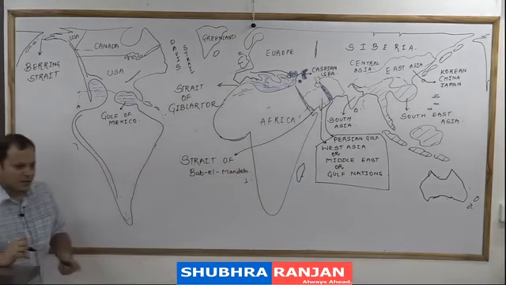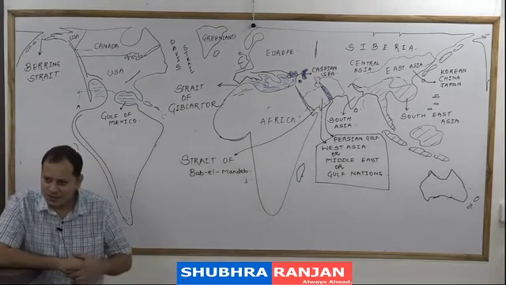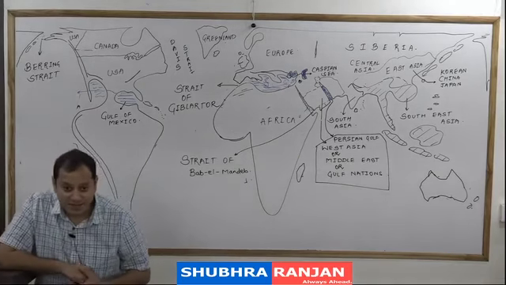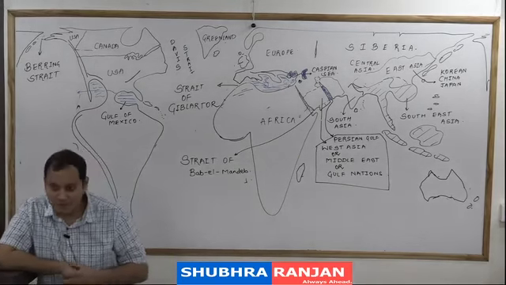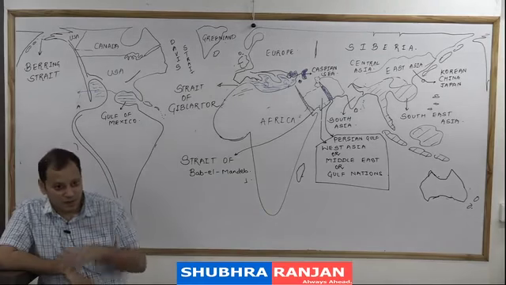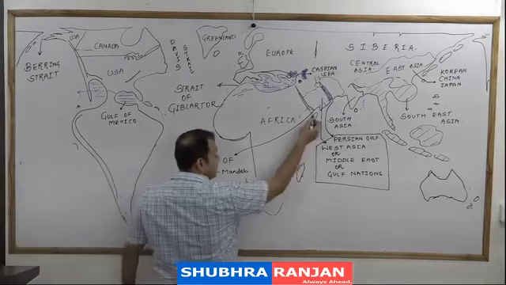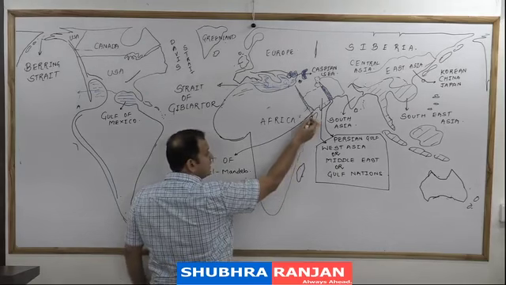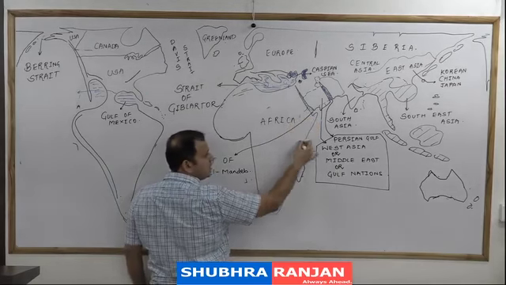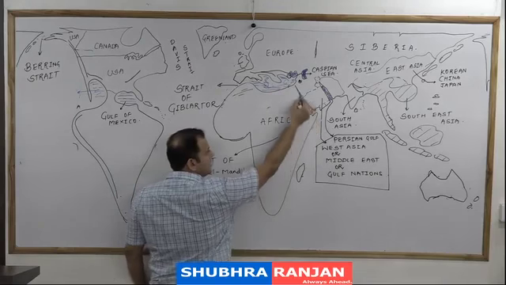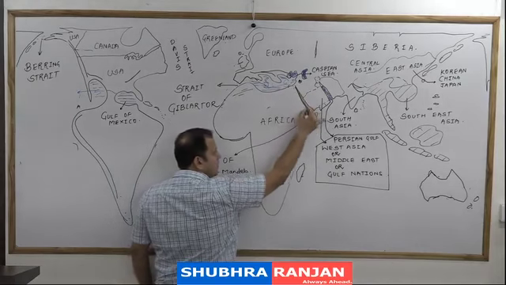Why it is always in the news? Because of piracy. Somalian pirates, Djibouti piracy. The Strait of Bab al-Mandab is in the news because of piracy, and piracy is done by these countries which are lying here, and see the shape of Africa here.